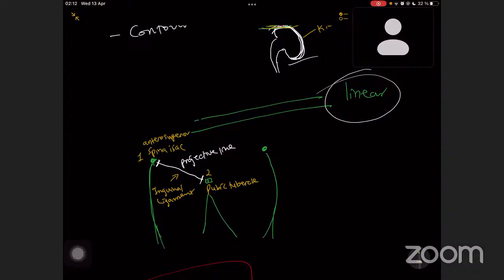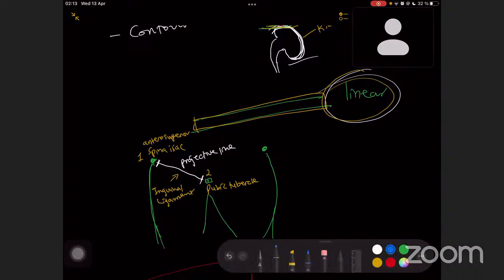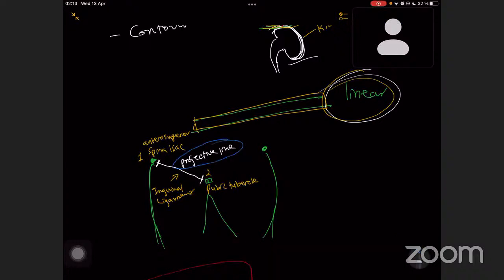So the position of a neurovascular bundle, or when you have a linear object like a ligament, we use a projective line to describe the course or the length of that anatomical structure.